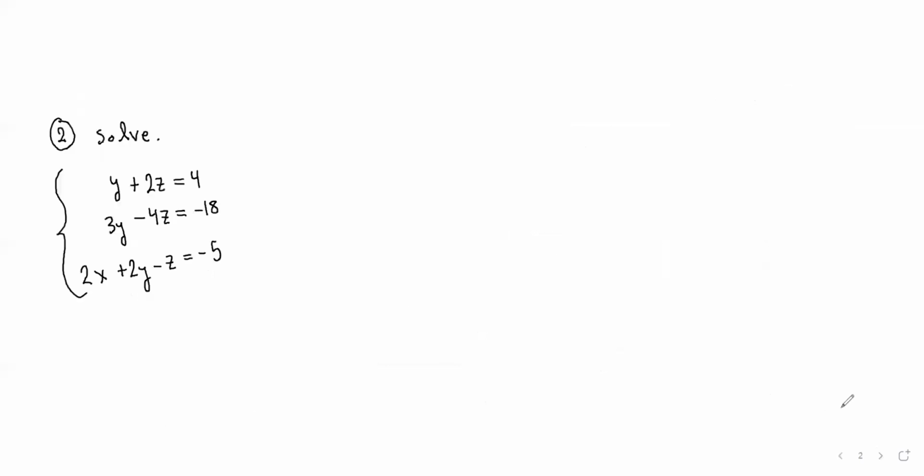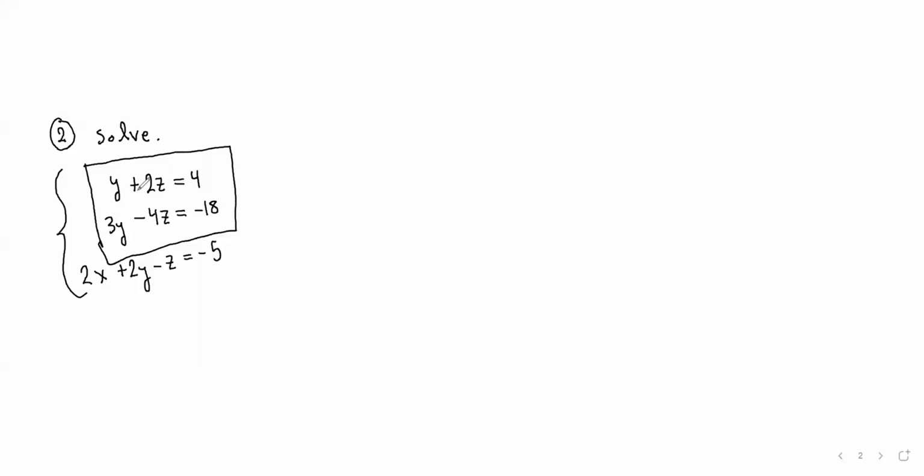Well, basically, we're going to use the same idea for this problem, except that first step of finding the two equations of two variables, we don't even have to do, because these two equations are already in that form. We have two equations of two variables. And so basically our technique is going to be to solve these two equations for y and z. And then into the third equation here, we're going to plug in the values of y and z we find to solve for x. So let's go ahead and do this.